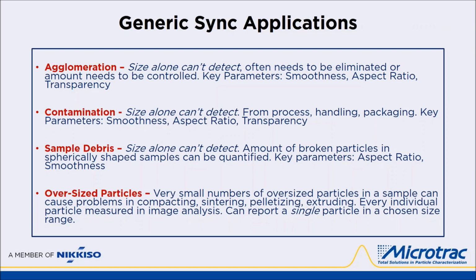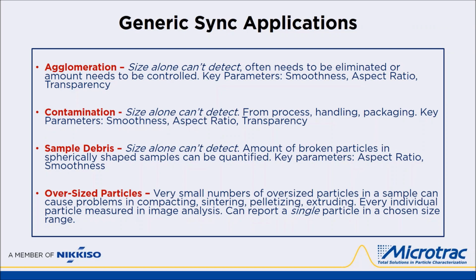The most common one is agglomeration, and the presence or absence or amount of agglomeration might be good or bad for different applications. In most processes, it's an undesired feature. And size alone can't detect the degree of these first three generic problems, but parameters like smoothness, aspect ratio, and transparency can.